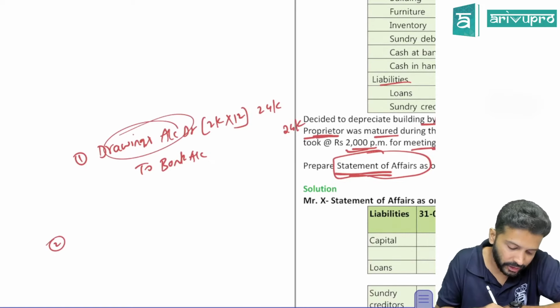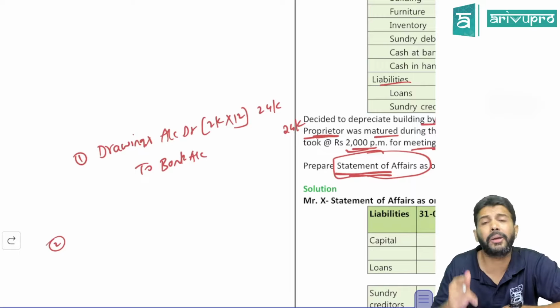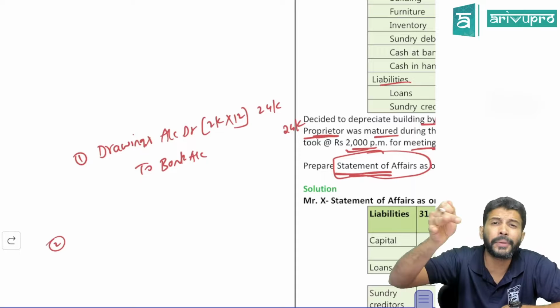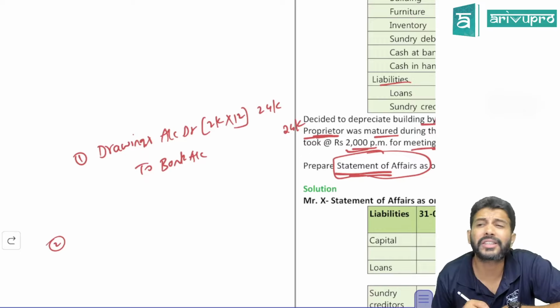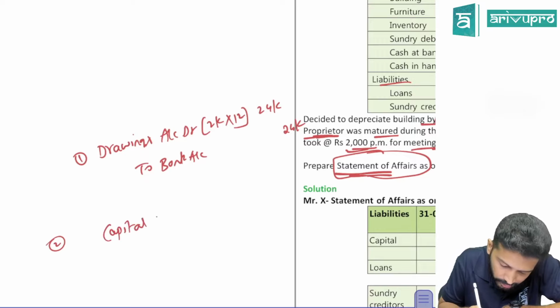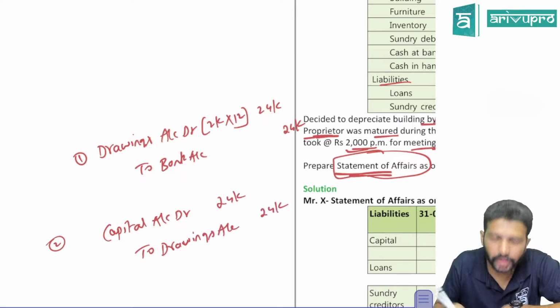This drawings you have debited, which means it has a debit balance. Does it mean it will be shown on the asset side of the balance sheet? No. Drawings is nothing but capital withdrawn from the business. So this drawings will be adjusted with the capital account. The next journal entry will be capital account debit to drawings account, 24,000.